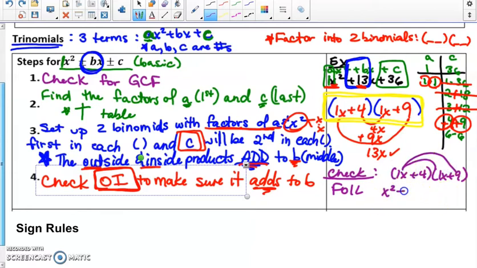Outside, 1x times 9 is 9x. Inside, 4 times 1x is 4x. And then last, 4 times 9 is 36. We know in FOIL we can add those middle two together, so our x squared drops down. A positive 9x plus 4x is positive 13x plus 36. If you notice, that was the original problem we started with, x squared plus 13x plus 36, so it checks.